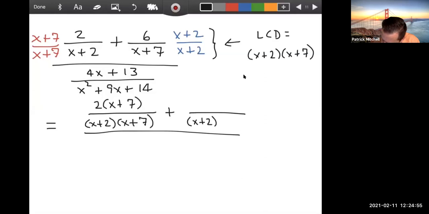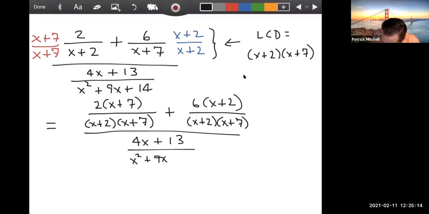And the numerator of the other little fraction is now 6 times x plus 2. All right, and we haven't done anything with the denominator. It's still 4x plus 13 over x squared plus 9x plus 14.